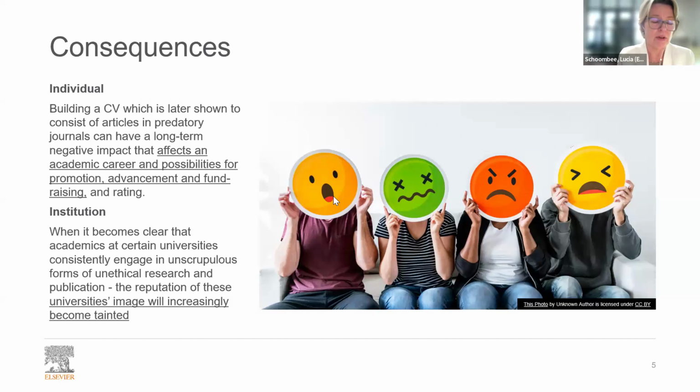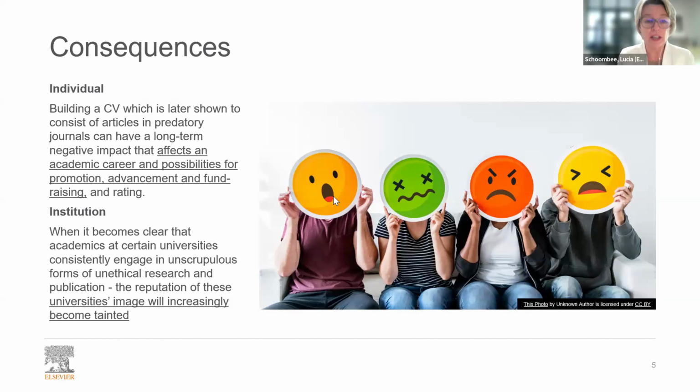I personally have been asked a few times to look into the CVs of researchers who have applied for funding or for a promotion, and the evaluators are very serious about catching out those researchers who are publishing in these journals, even if they are doing so without really knowing that the journals are predatory.